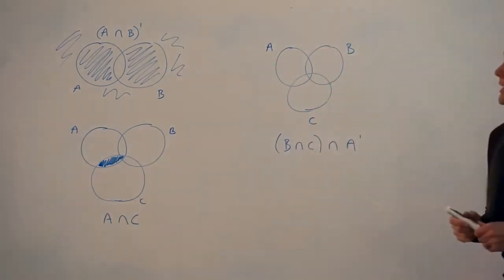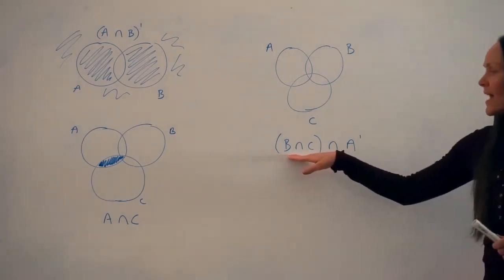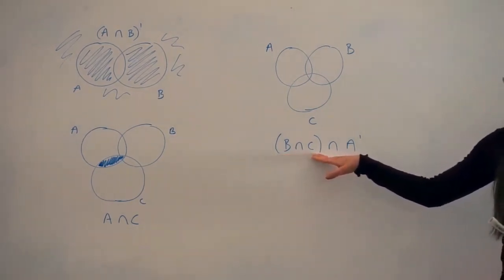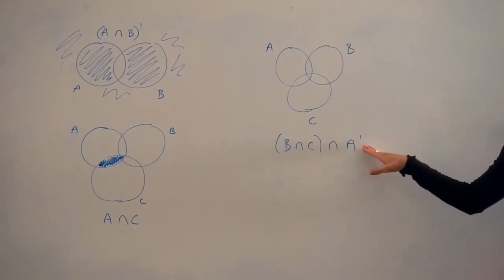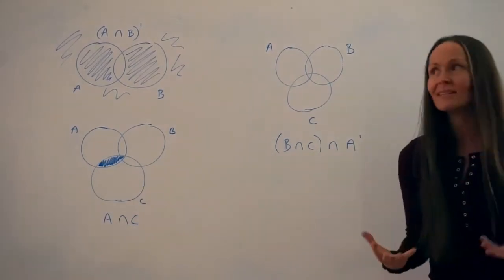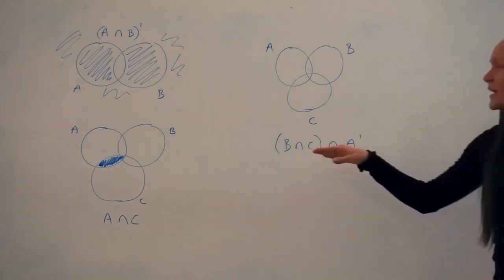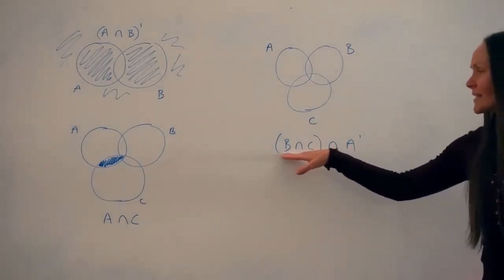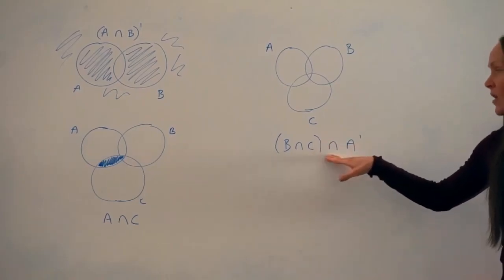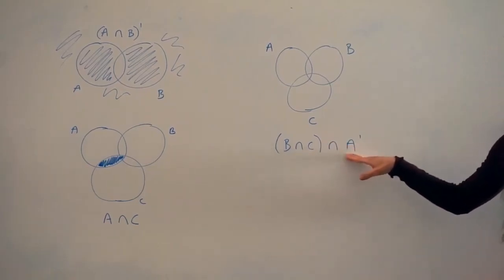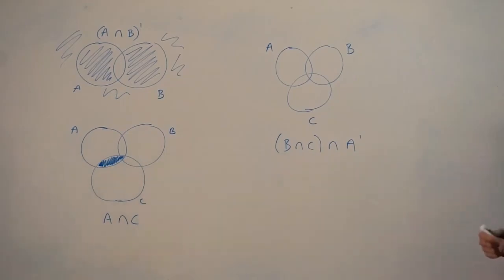In this example here, we have B intersection C in brackets, and then the intersection of the complement of A. So let's just think about what this means in words, okay? So it has to be in B and C at the same time. And at the same time, it cannot be in A. Okay, so that's what it means.